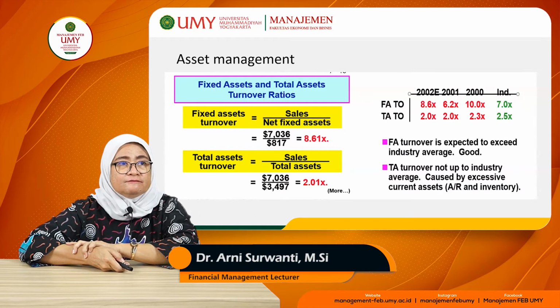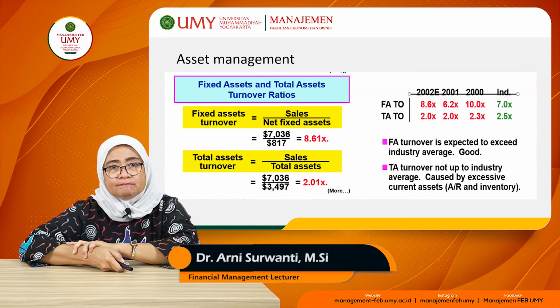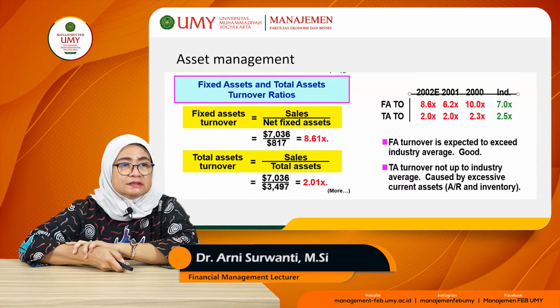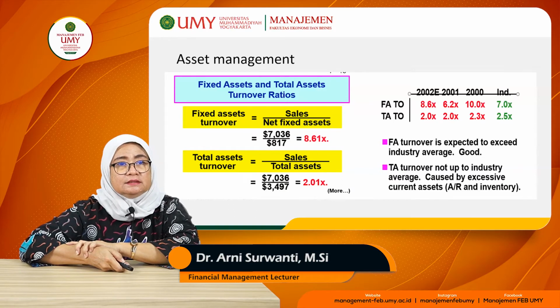Fixed asset turnover we can measure with sales divided by net fixed assets, and total asset turnover can be measured by sales divided by total assets. In this ratio, we can also compare with historical data and industry data.